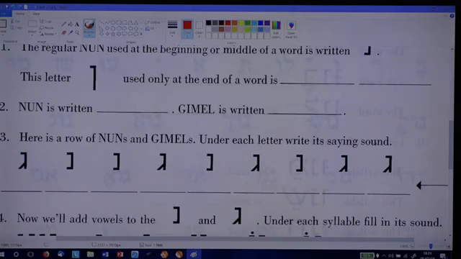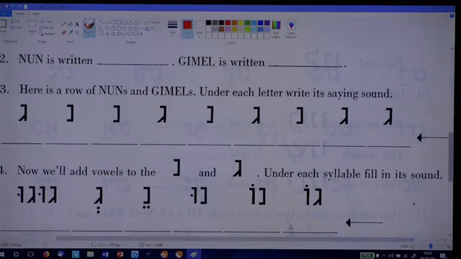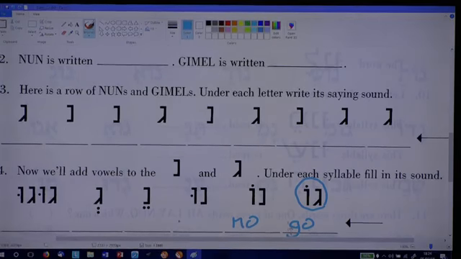So if we went down to line 4, this syllable, so you got to feed the animals, yeah, is go. Okay, go. This is no. Yes, easy. New. What?